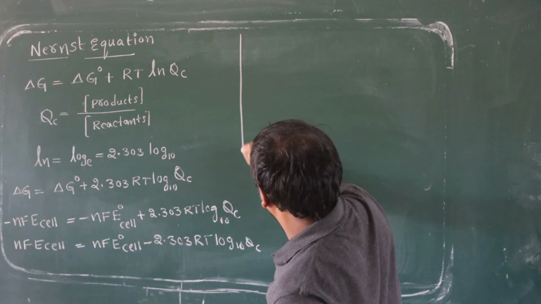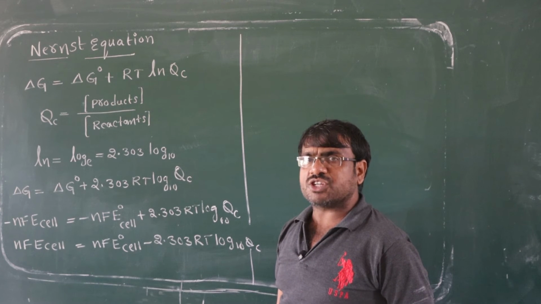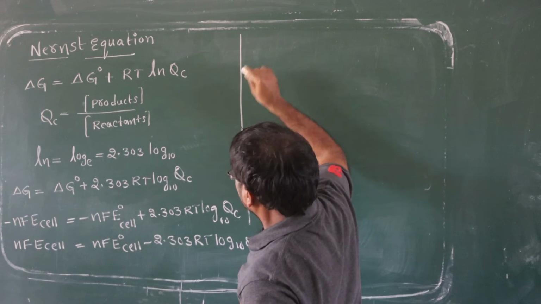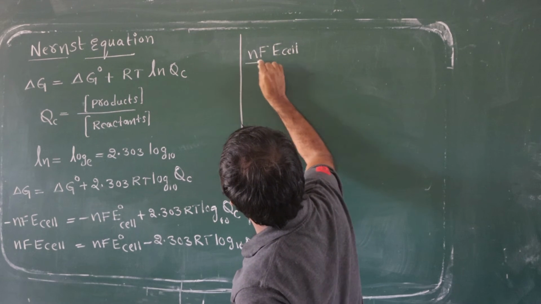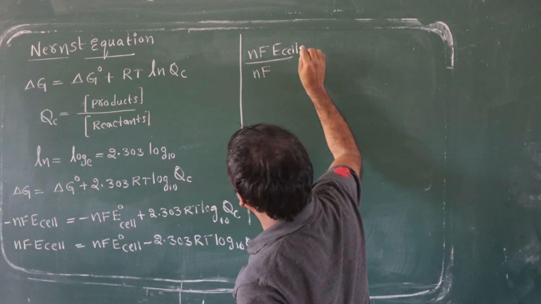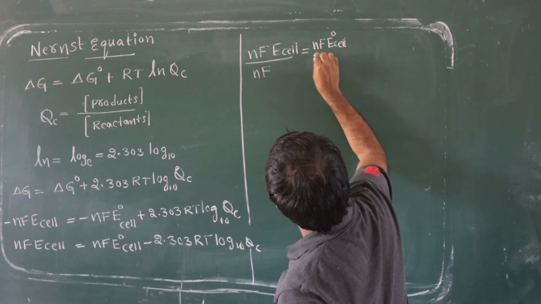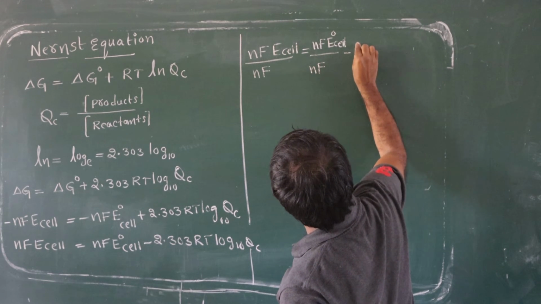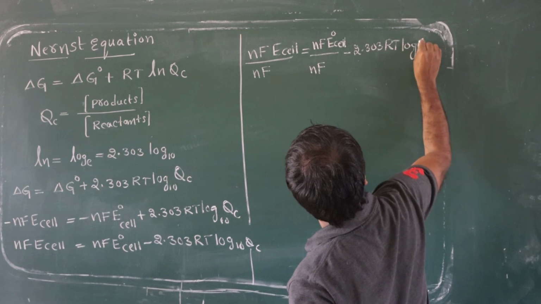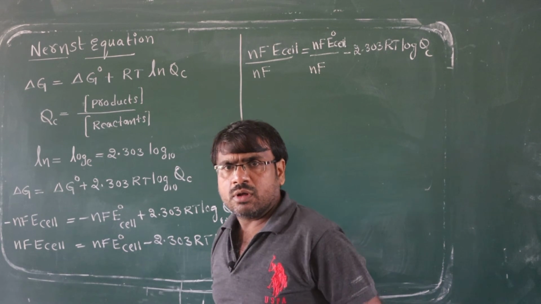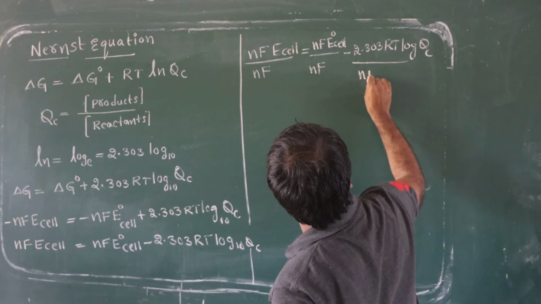Next, I am going to divide this equation by nF. So we get nF E cell divided by nF is equal to nF E naught cell divided by nF minus 2.303 RT log Qc divided by nF.